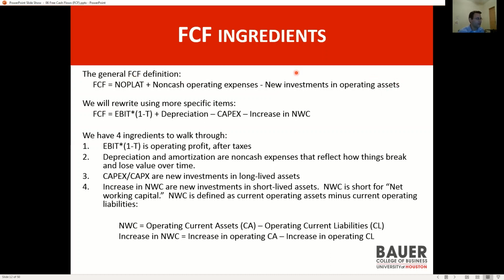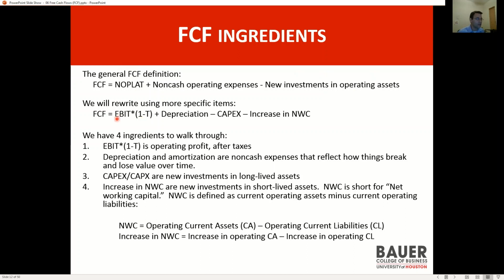This doesn't tell you how to calculate the free cash flows for any given firm. It's just very abstract, right? Take all your non-cash operating expenses, whatever those are, all your new investments, whatever those are. Okay, so this is true, but it's abstract. In this class, we're going to be more concrete, and we're going to be using specific items when we're calculating the free cash flows. So our measure of NOPLAT is going to be EBIT times (1 minus T).